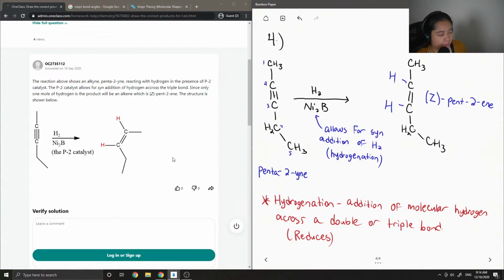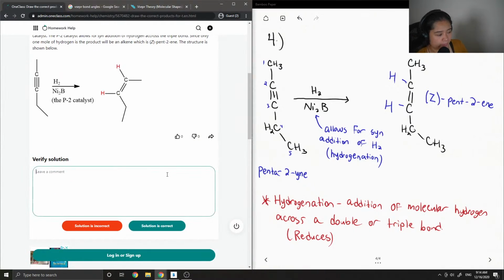Since only 1 mole of hydrogen is added, the product will be an alkene, which is Z-pent-2-ene. The structure is shown below. Yep, so this solution is correct.